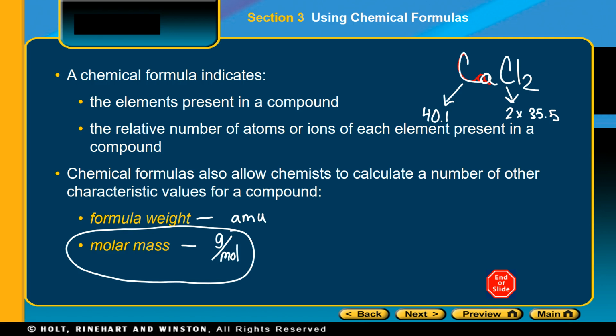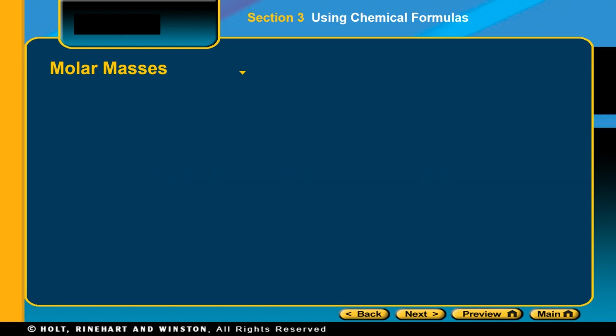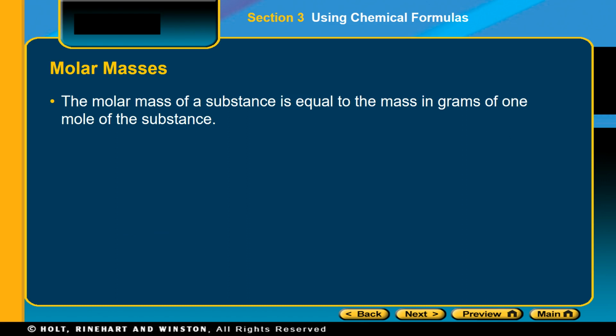I'm going to show it to you in a little bit more step by step. I just wanted to get you to start thinking about what we're doing today. So the molar mass of a substance is equal to the mass in grams of 1 mole of the substance.